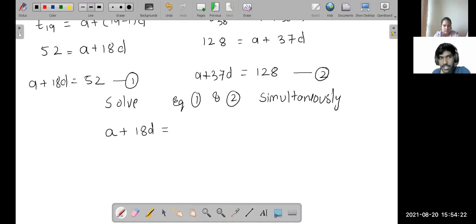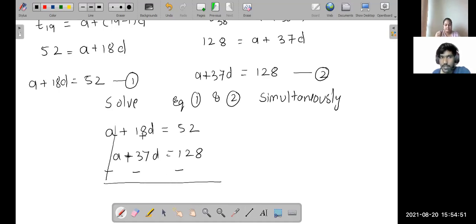A plus 18D is equal to 52, A plus 37D equals 128. Subtract. Draw a line. When you're doing subtraction, you have to change the sign throughout. I hope you remember this.